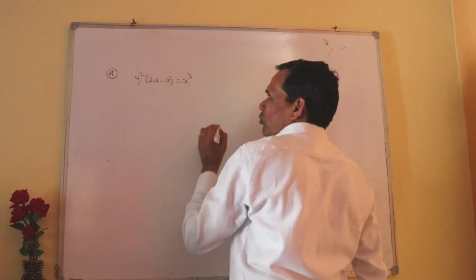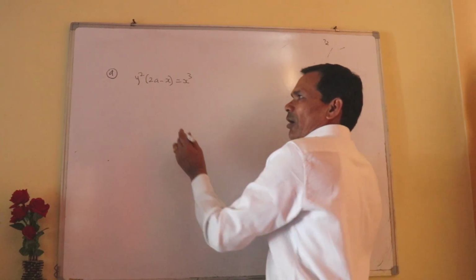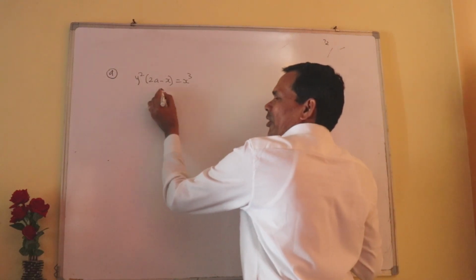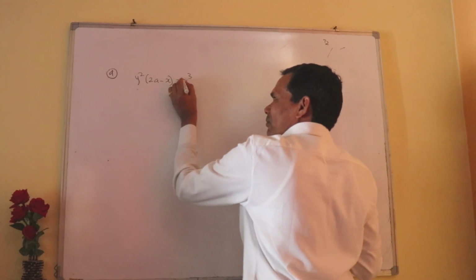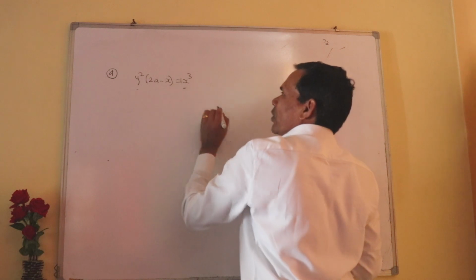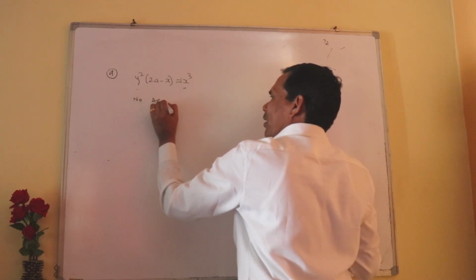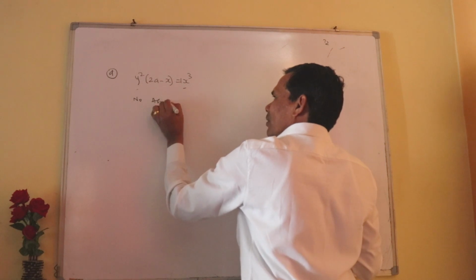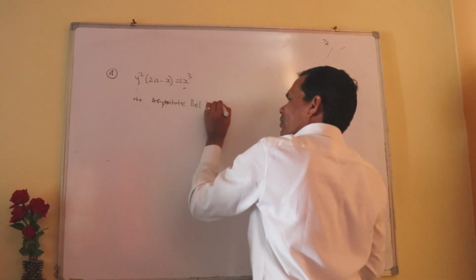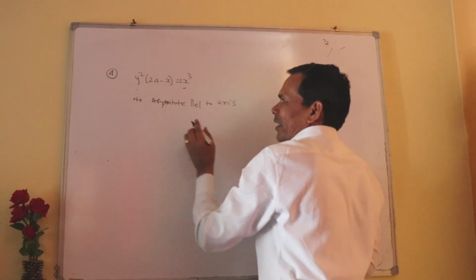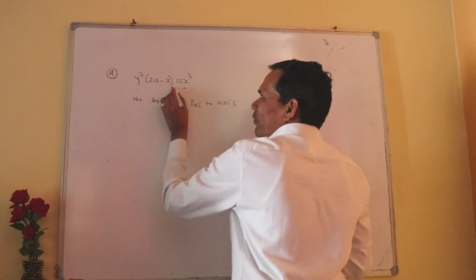If it is a parallel asymptote, then no oblique asymptote. So you have to check the coefficient of the highest degree term: in x, the coefficient of the highest degree term of y square is 1. So no asymptote parallel to the x-axis.